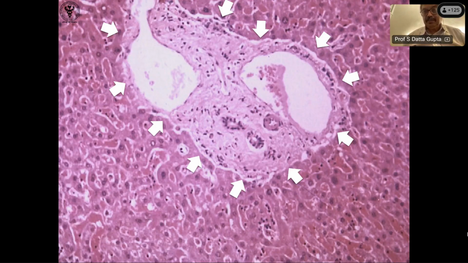Similarly, if the cells from the portal tract damage or spill over into the lobule through this limiting plate, it is called interface hepatitis. The earlier term was piecemeal necrosis. So piecemeal necrosis and interface hepatitis are used interchangeably. I hope that is clear.